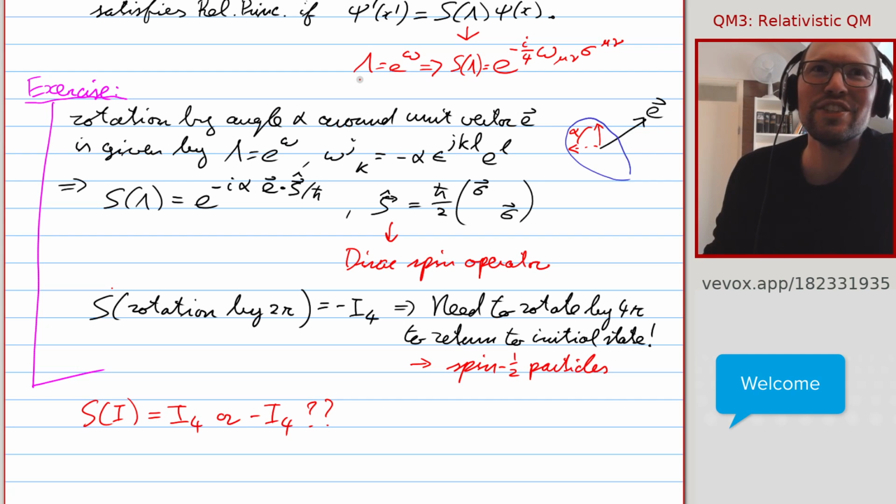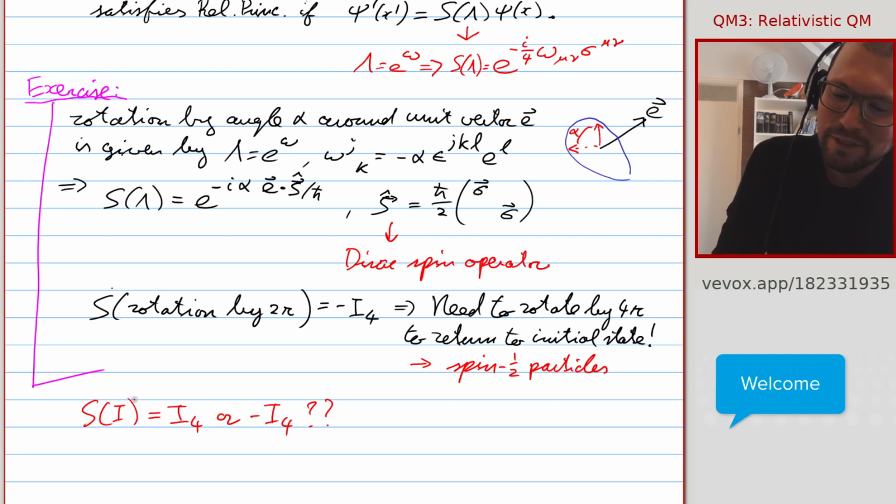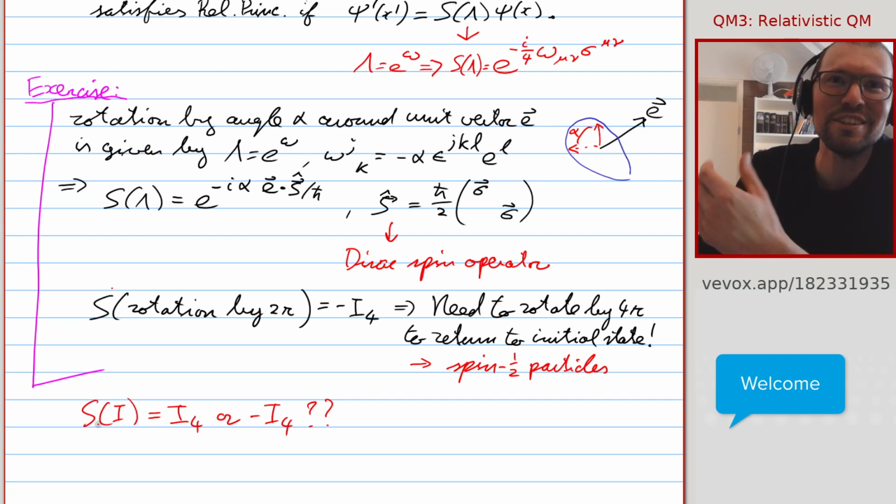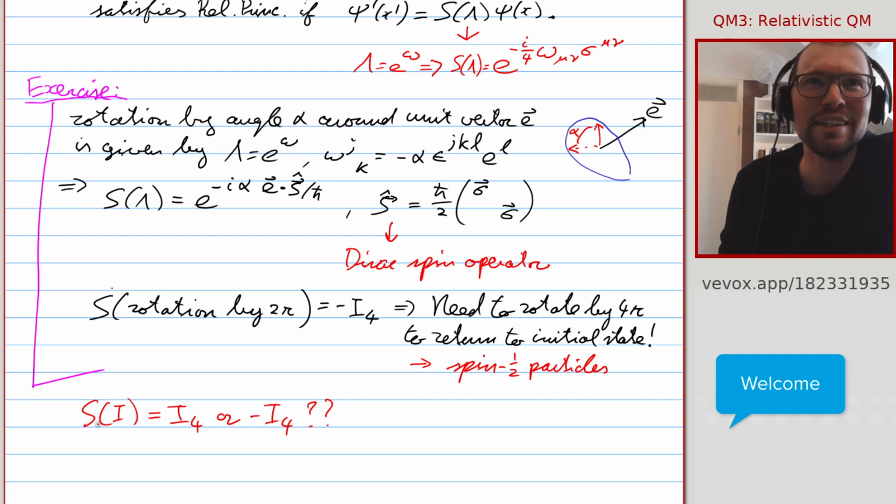So there is some tension here. Certainly, if we do nothing, so if you look at the Lorentz transformation that does not change your reference frame at all, then I don't want to change my spinors. So there seems to be a minus sign problem.